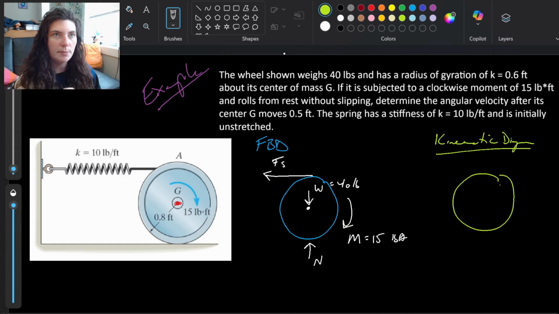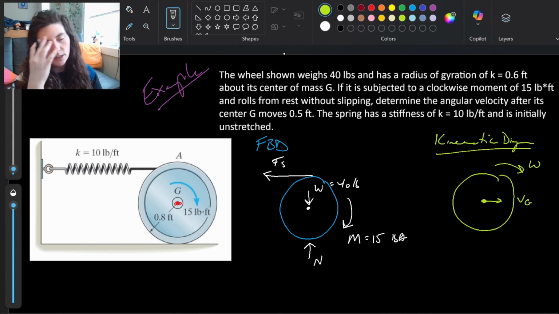Since this is rolling without slipping, we know a few rules for that, right? I know that my center moves with a velocity of VG and is moving perfectly horizontal. Of course, we know that there is an angular velocity associated with it. We need to find what that angular velocity is. Some other relationships that we might think of when we're thinking back to our rolling without slipping problems is that we have a spot that is our instantaneous center of zero velocity.